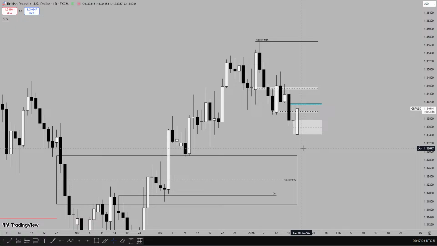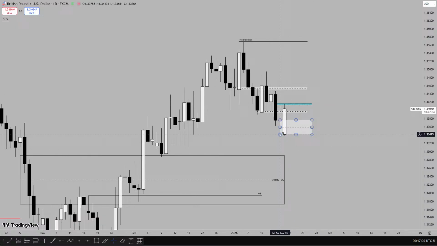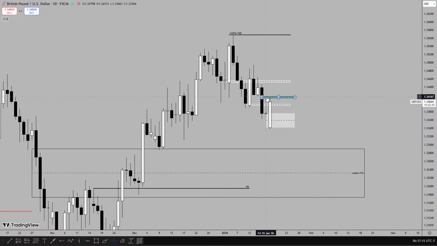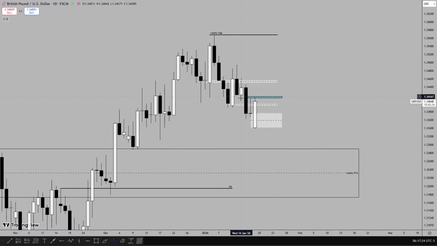But if we were to look at it from an individual currency perspective, I should be anticipating lower prices to trade to the weekly fair value gap. It should be the draw on liquidity for price to trade lower to the weekly fair value gap, which on the daily time frame you can see after the swing high, after price respected the daily fair value gap, swing low, retracement, order block.